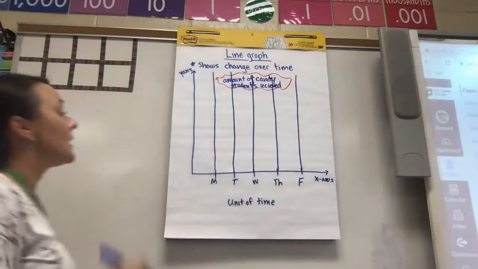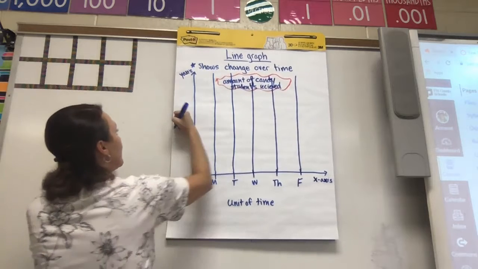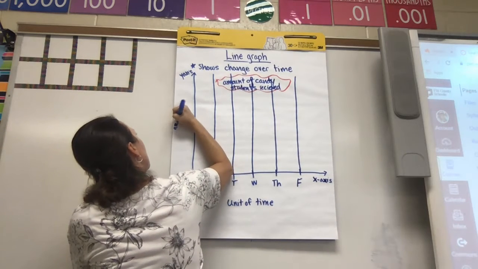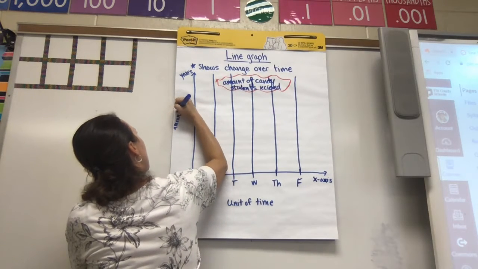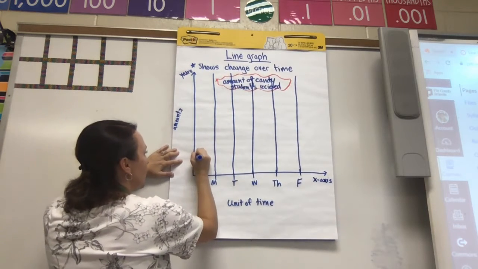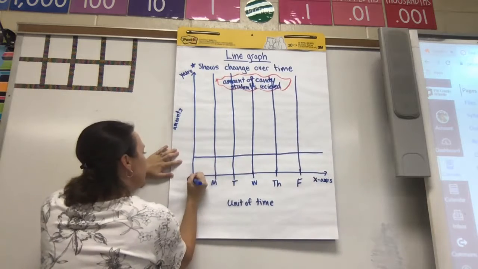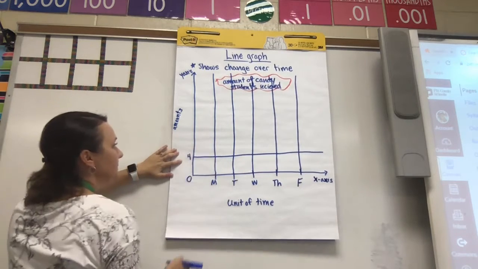Okay. So on this side, we're going to have a numerical value. So you're going to have your amounts go up on the y-axis. So let's say that this line, we're going to have the first line between 0 and then let's make this 4, okay?